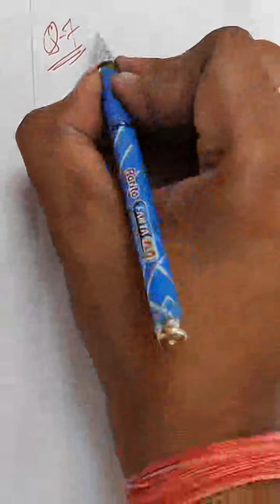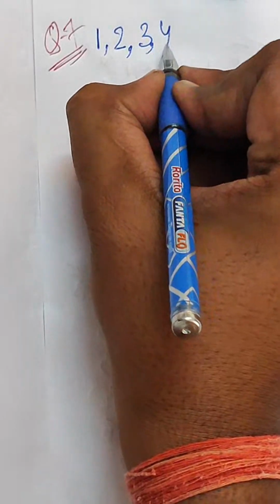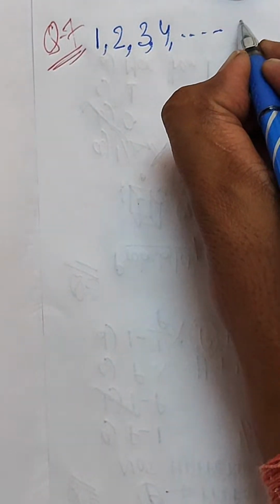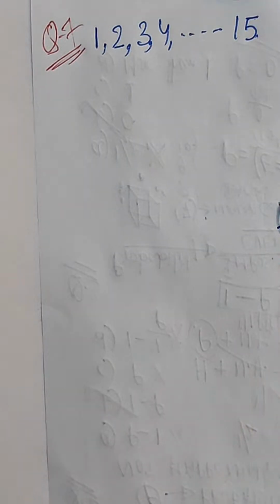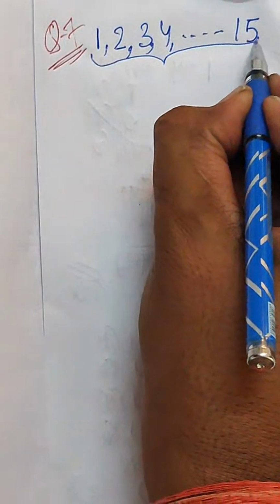A number is selected at random from the numbers 1, 2, 3 till 15. So the numbers given to you are 1, 2, 3, 4 like that till 15, right? And we need to find the probability that the number is a multiple of 4.